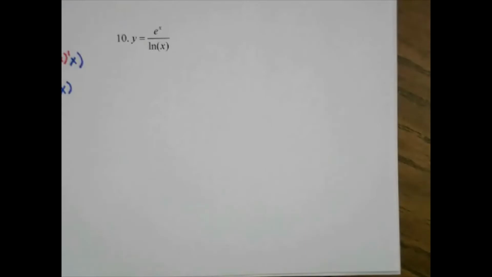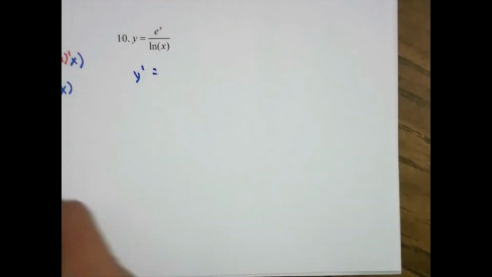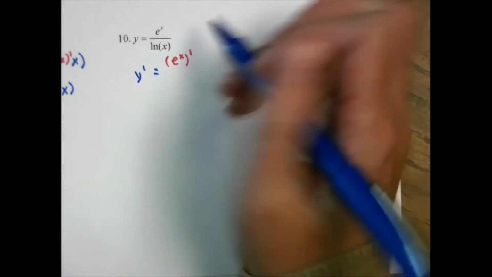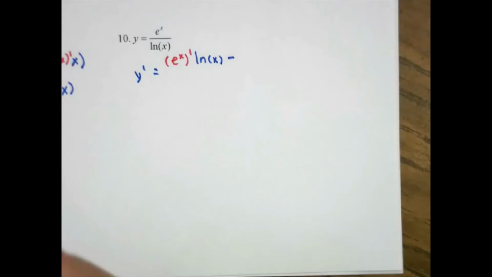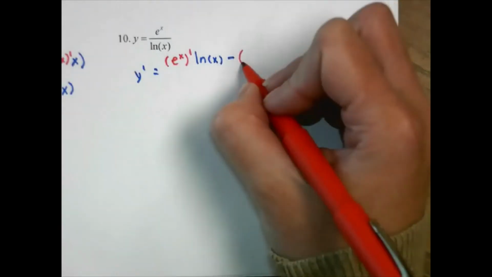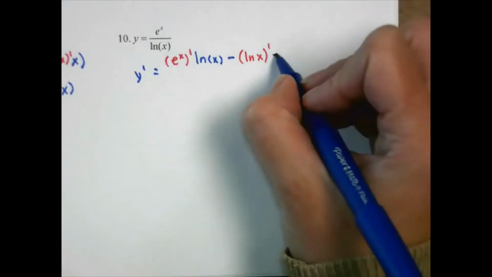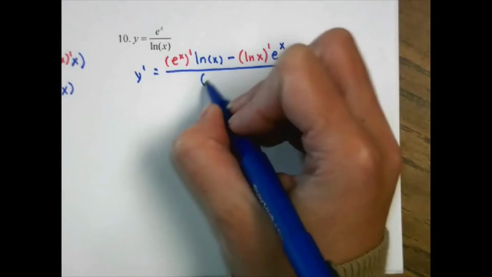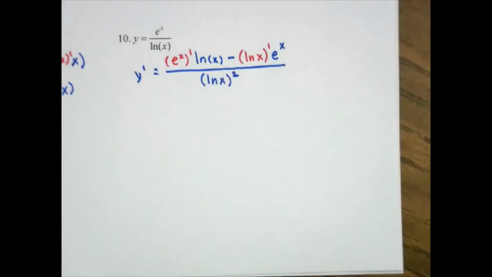Next one on the page is going to be a quotient. So our derivative is going to be the derivative of the top times the bottom minus the derivative of the bottom times the top all over the denominator squared.